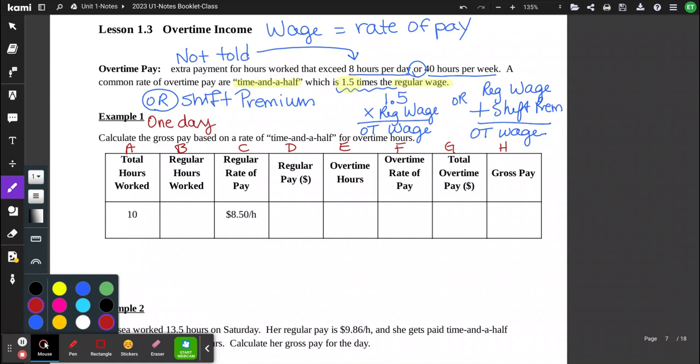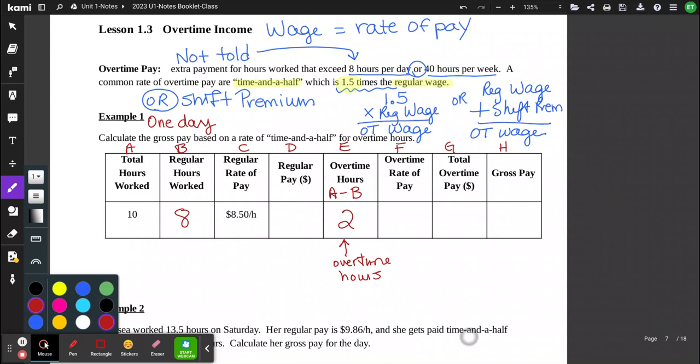So if it's one day and he worked 10 hours, out of those 10 hours, how much would be his regular hours? 8 hours, good. So to find his overtime hours, I'm going to take A, subtract B. That means he worked 2 hours overtime. Okay, that's his overtime hours.